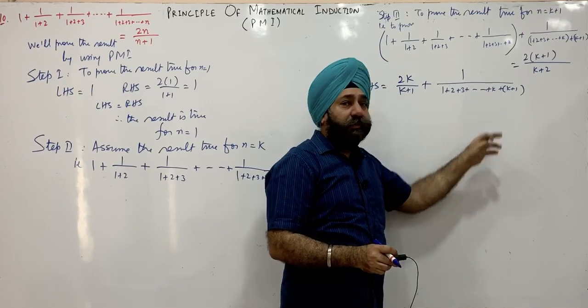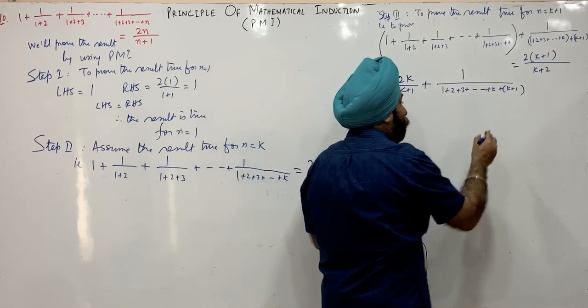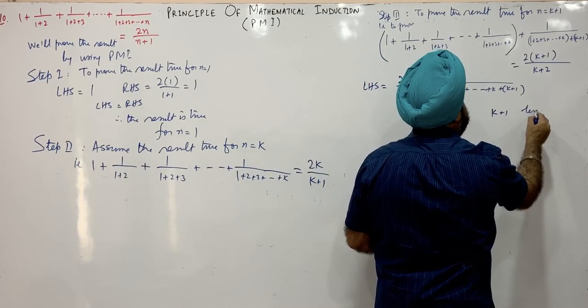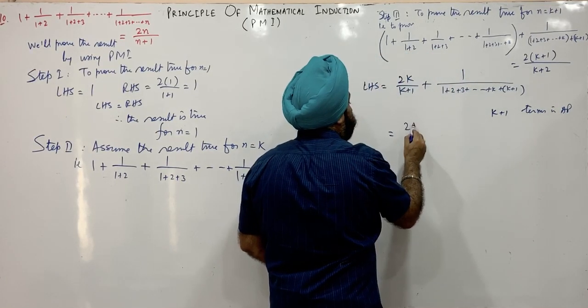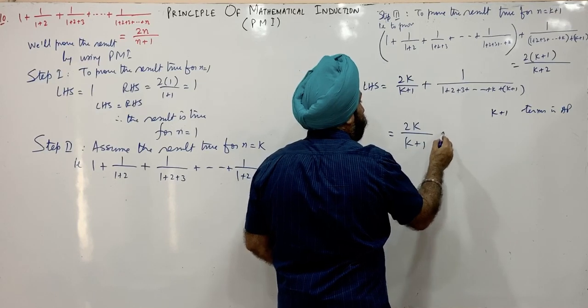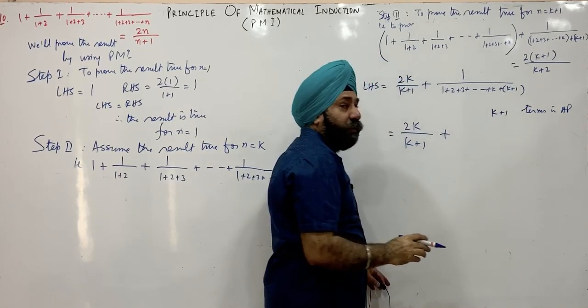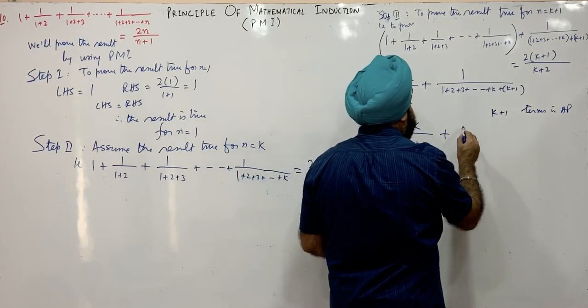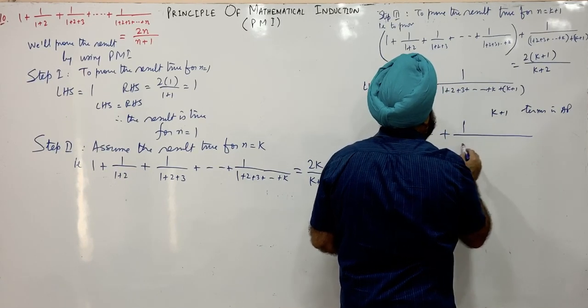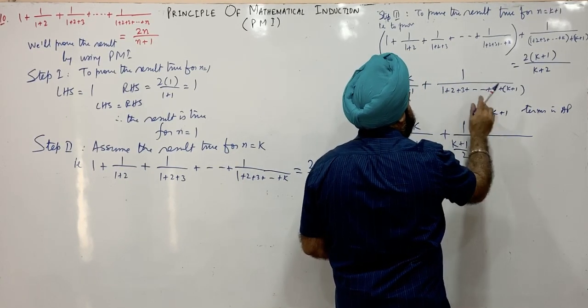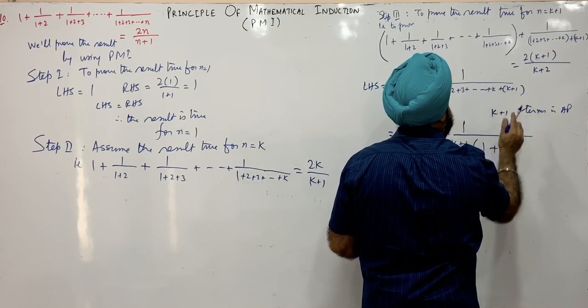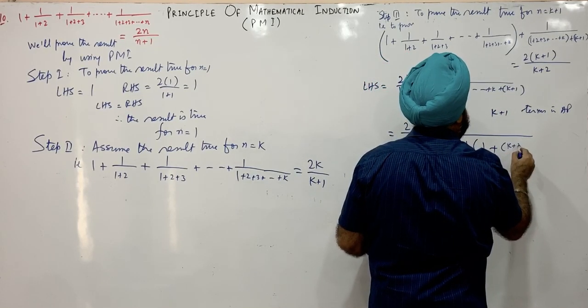These are k plus 1 terms in AP. So this is 2k upon k plus 1 and sum of k plus 1 terms is, so we write 1 upon, this is n by 2 into first term 1 plus last term, that is k plus 2, k plus 1.